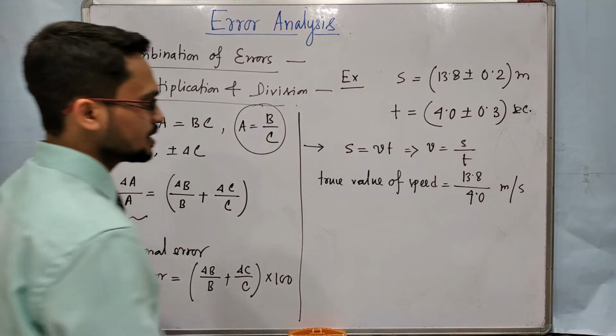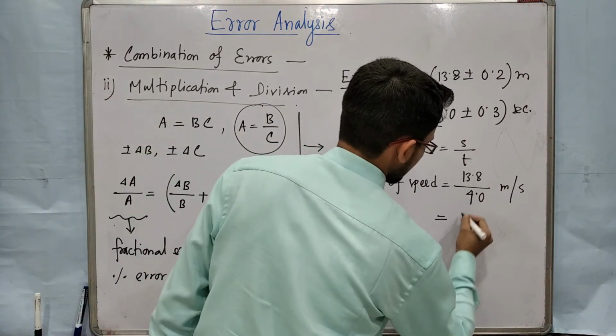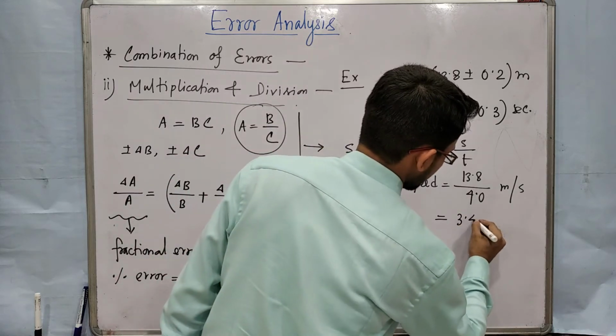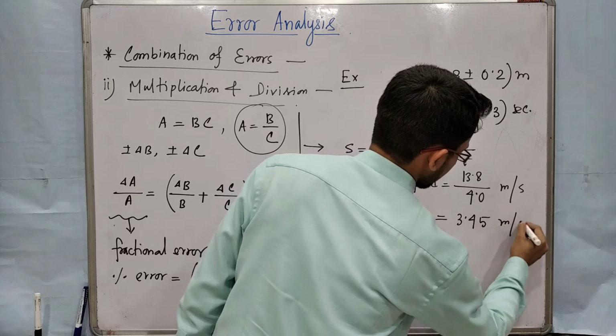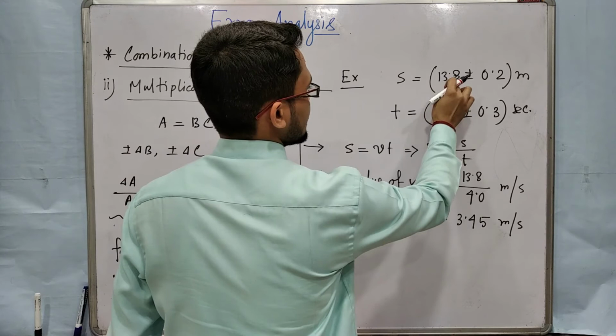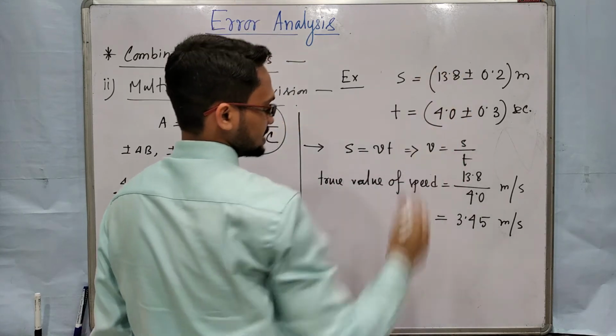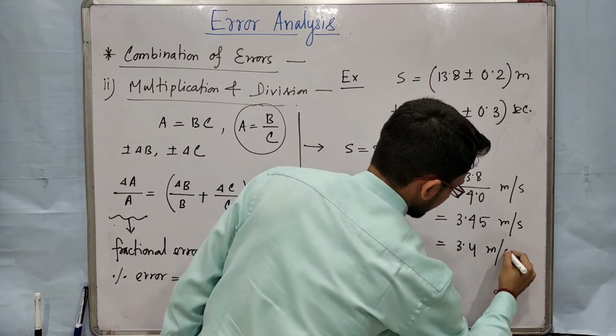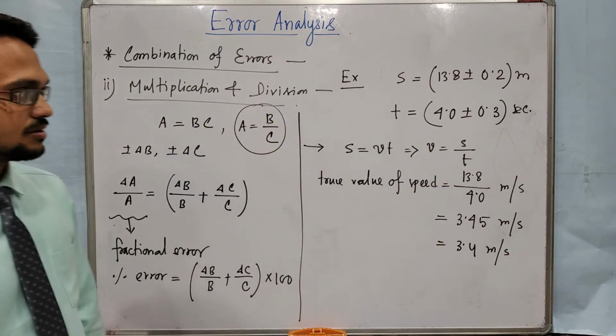You will get 3.45 meter per second. But after the decimal point only one digit is there, so we will take only one digit here, 3.4 meter per second. This is a round up thing that we will do in the next lecture.